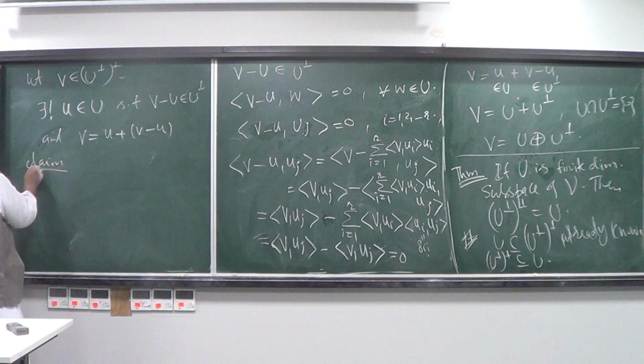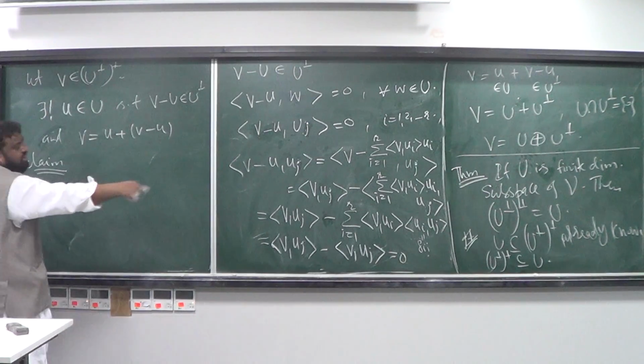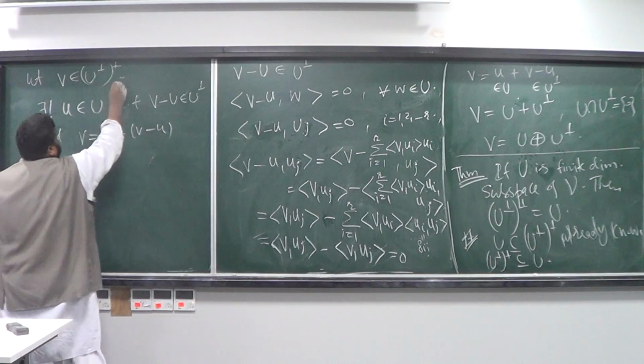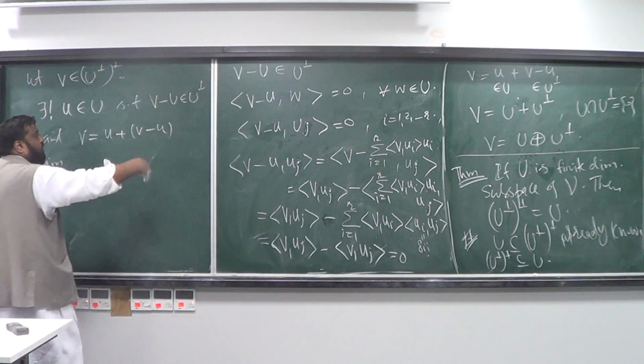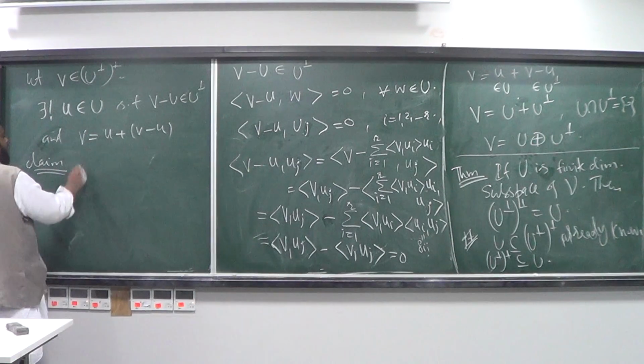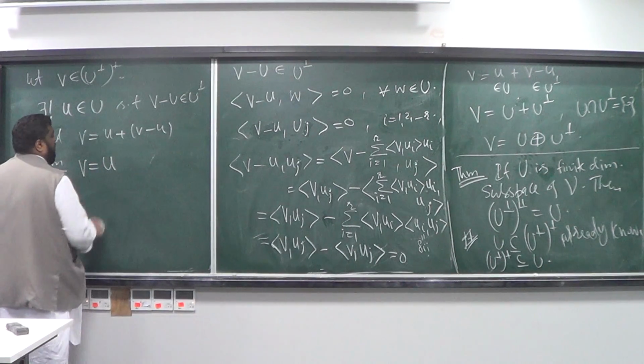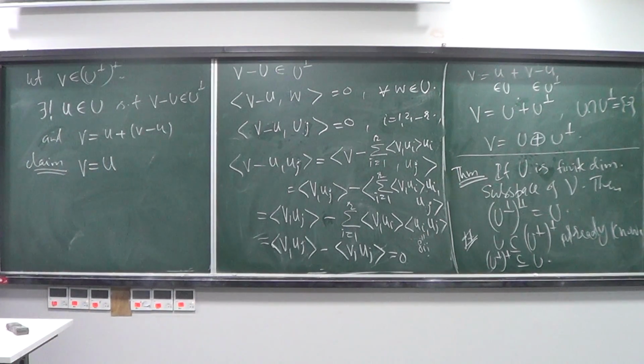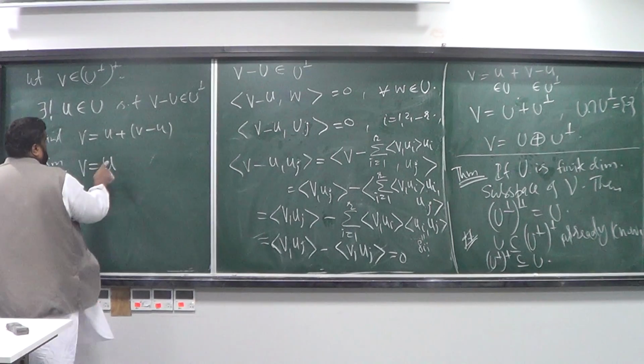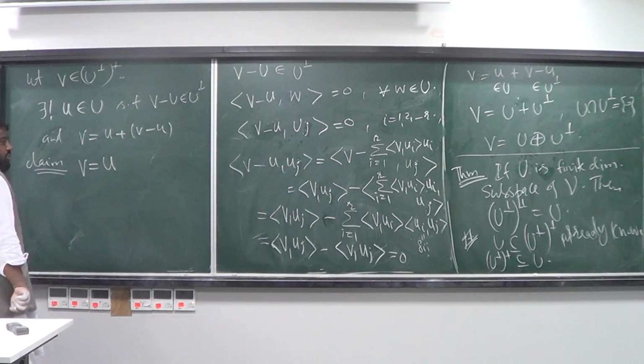In order to show this inclusion, I need to show that this v must belong to U as well. My claim is that such a v must be equal to u. Since u belongs to U, therefore v would belong to U.